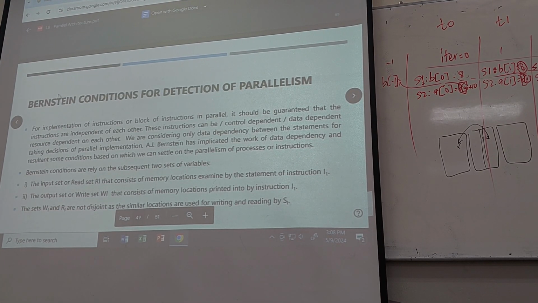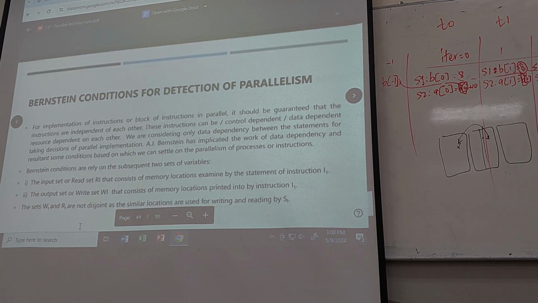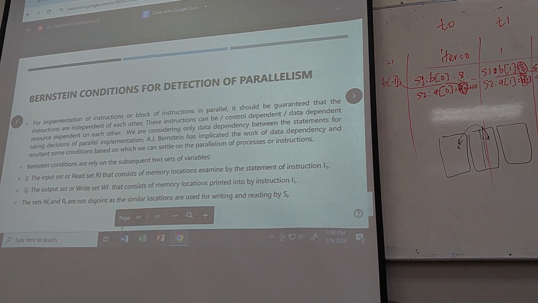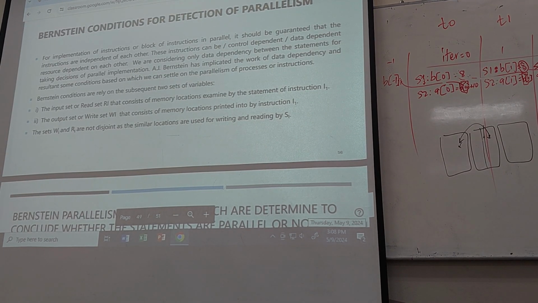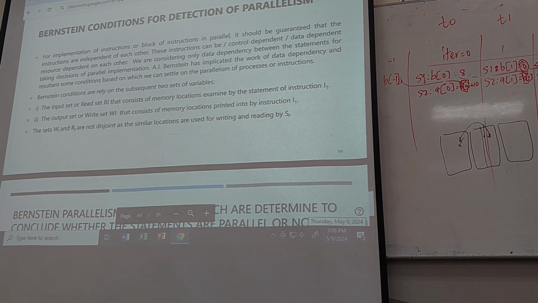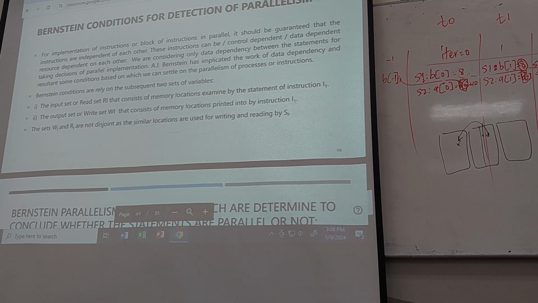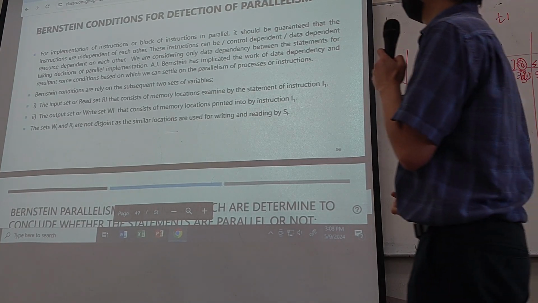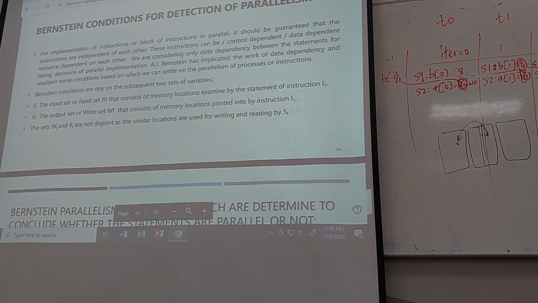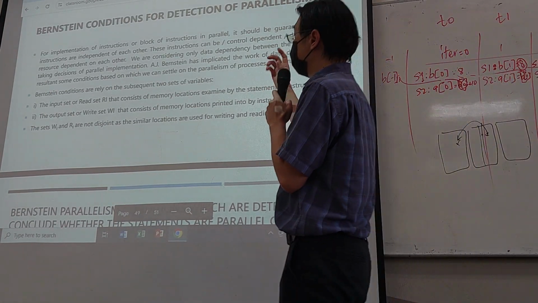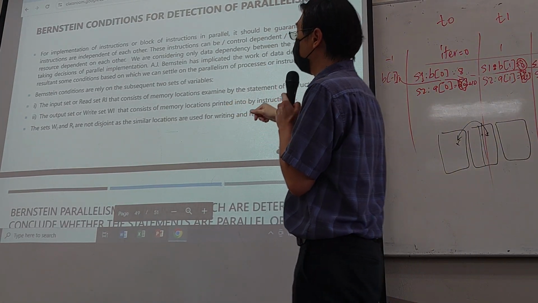Okay, so I finished that. Next we want to move on to something similar to what we have seen before, the condition. This condition was first described by A.J. Bernstein, and we have seen this condition before.